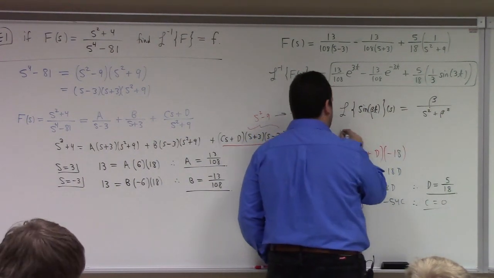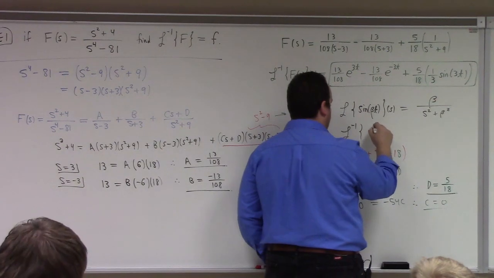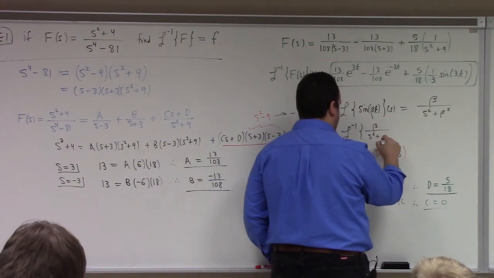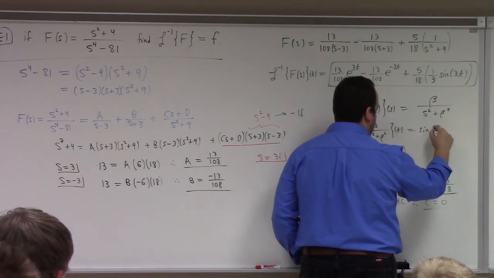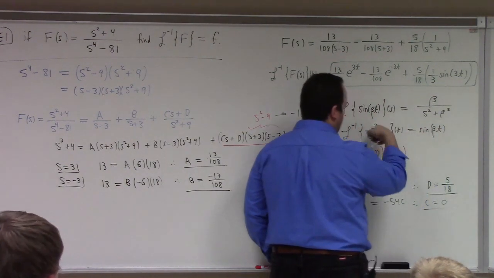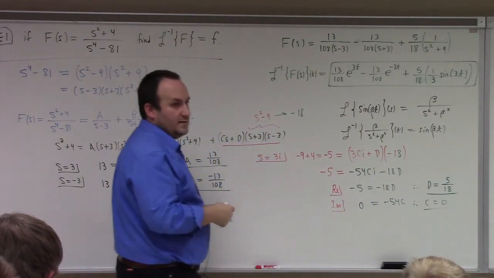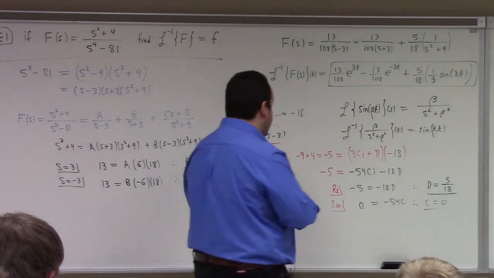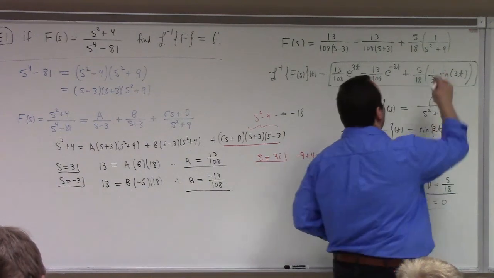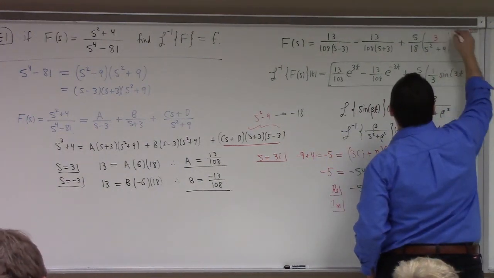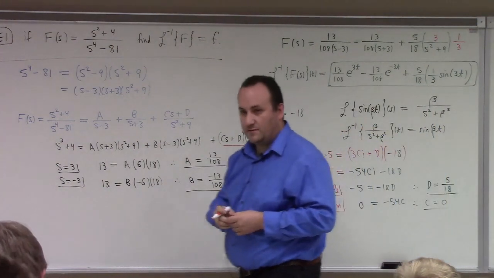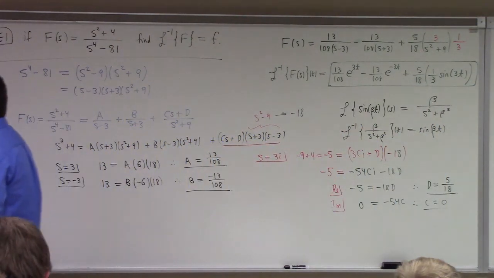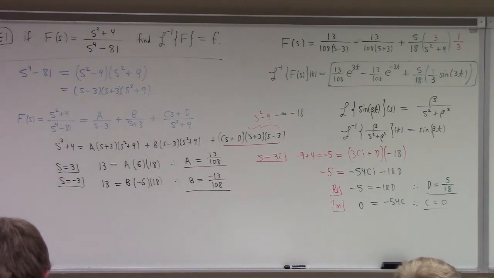So in order to take the inverse Laplace transform of beta over s squared plus beta squared to give me sine beta t, I need there to be a beta upstairs, right? So to make that happen, you'd multiply and divide by 3. I think about putting a 3 here. If I do that, then I have to multiply by a third out here, right? So that's where the third comes from. Got to think about that. Does that make sense?